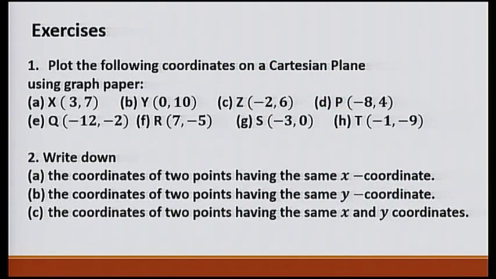These are some exercises for you to practice. Number 1. Plot the following coordinates on a Cartesian plane using graph paper. Number 2. Write down, part A, the coordinates of the points having the same x-coordinate; part B, the coordinates of the points having the same y-coordinate; part C, the coordinates of 2 points having the same x and y coordinates.